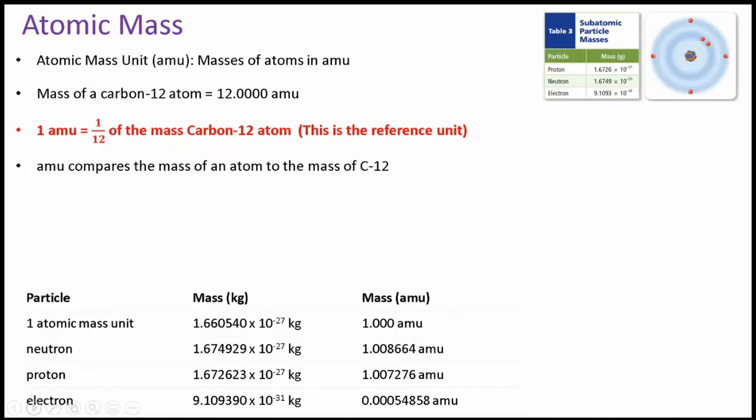For example, if we look at the neutron, its mass in kilogram is around 1.674 times 10 to negative 27 kilogram. And to be very precise, you need to say it's 74929, and maybe you can add more decimal numbers.